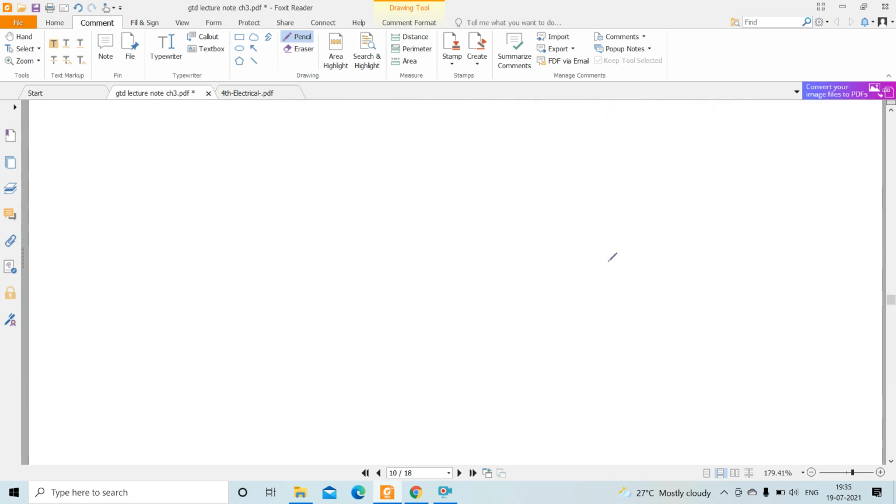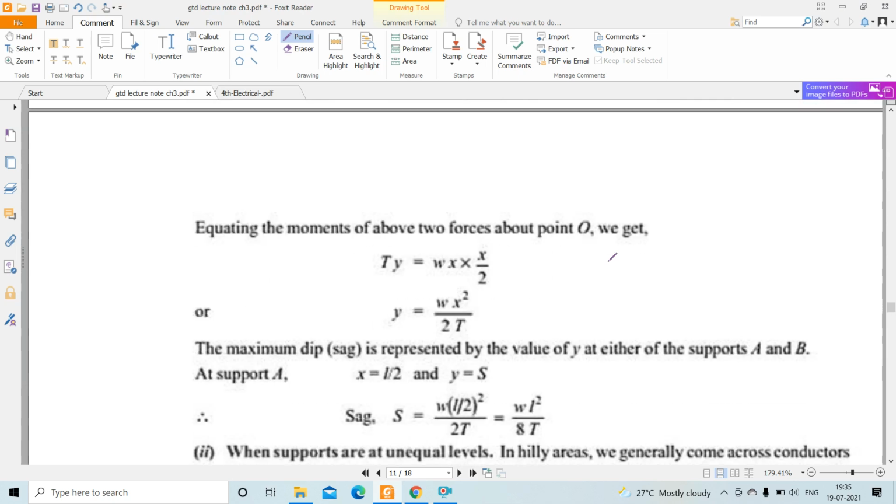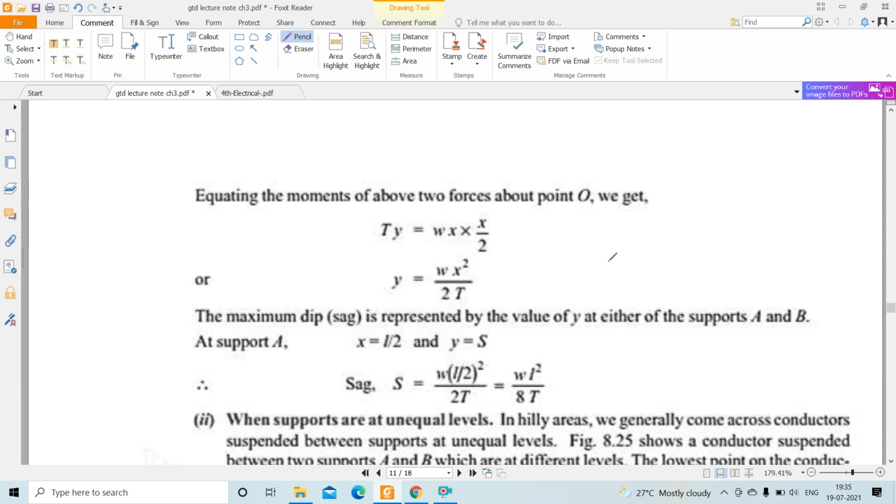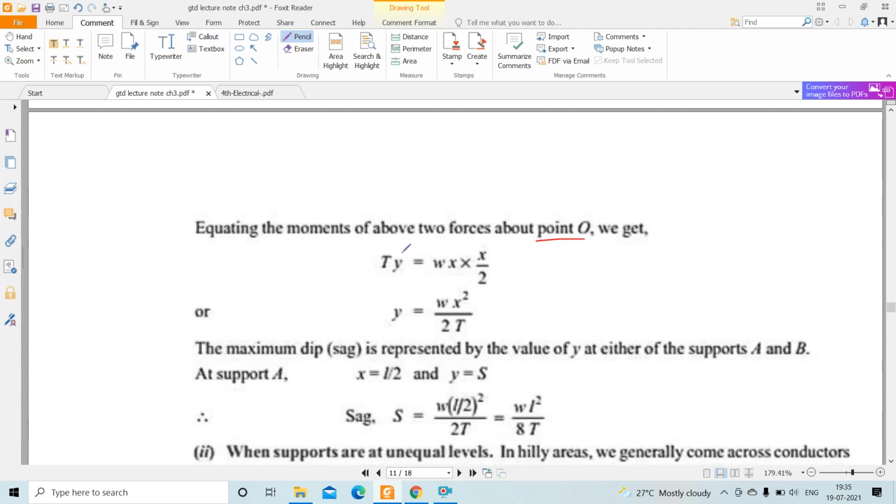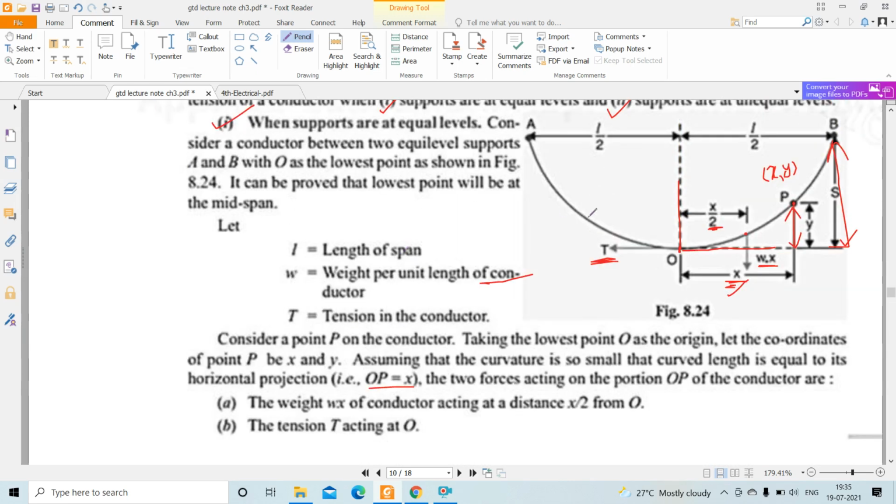Now, equating the moments of the above two forces about point O. The moment of the tension is T into y, that is the tension into the perpendicular distance, and this perpendicular distance is represented by y.